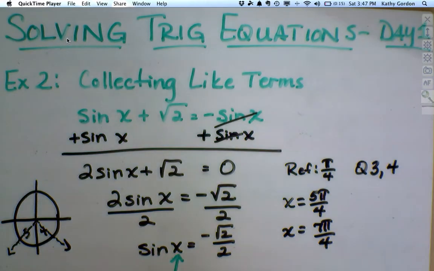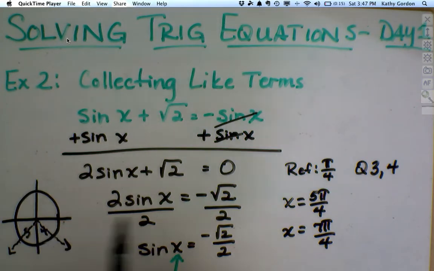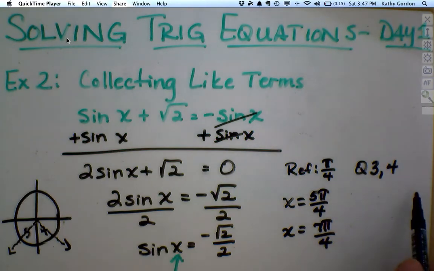So what that means is that we're not limited to just one rotation around the circle. We can keep going around and around, and every time I get to this spot, it's an answer, and every time I get to this spot, it's an answer. So how do I indicate that? Do I have to list out every possibility?